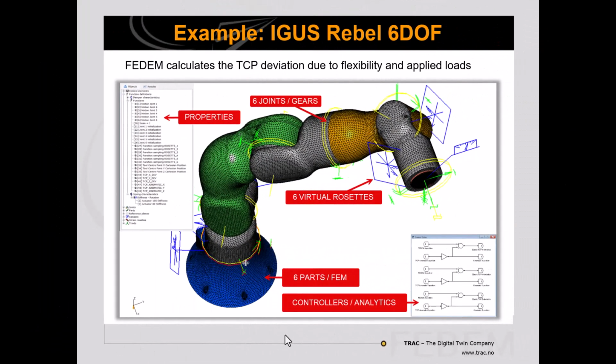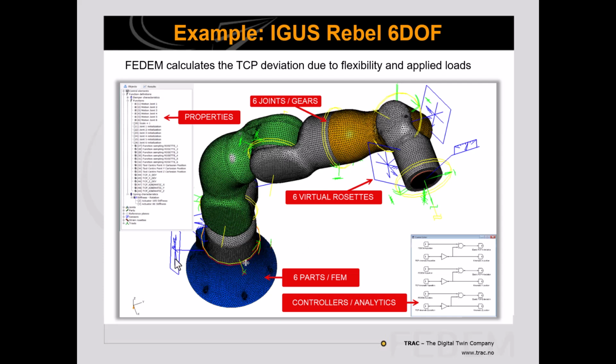To demonstrate the improved accuracy by using a digital twin model in FEDEM, I've selected this IGUS Rebel 6-DOF robot. And as you can see, each structural part is meshed with a very fine, dense, solid mesh. And these are coupled together with joints and gears with correct stiffness. And this model has been validated by physical tests.